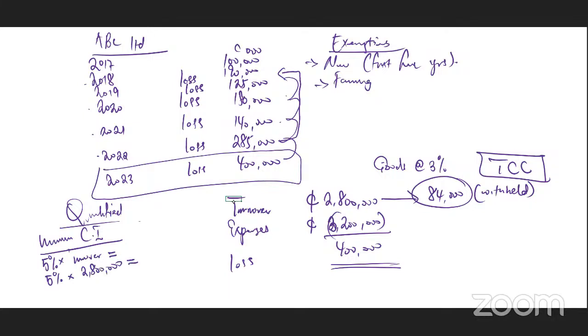And that gives us what? Please do the calculation for me. 140,000. Yes. So we have 140,000 as his minimum chargeable income, not so?